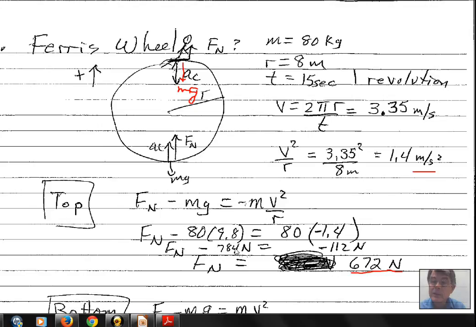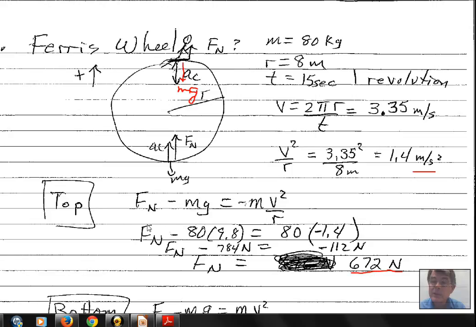But 784 here has to be added to both sides because the centripetal acceleration is a negative quantity. It's in the down direction. On the right side, we have minus 112, and the net of these is 672. Does this make sense? Here's the weight of the person, 784. The normal force, 672. So we're going to have more force down, the weight, compared to the upward force of the seat.